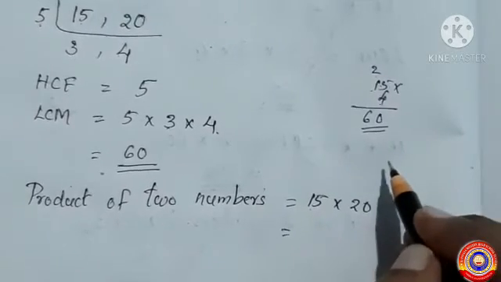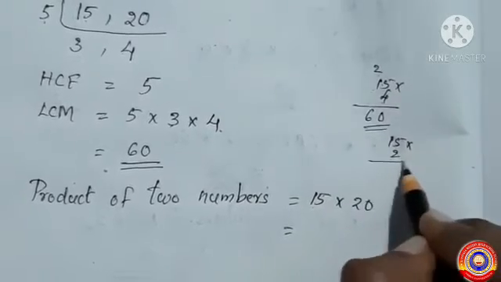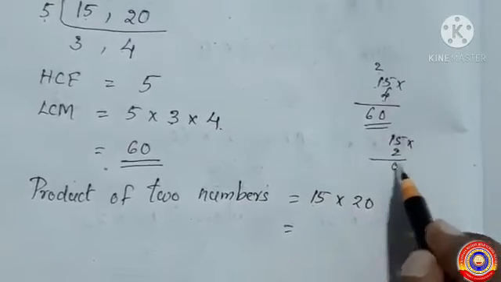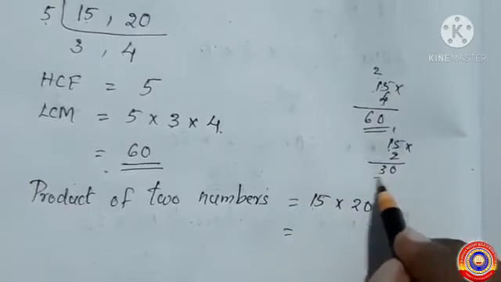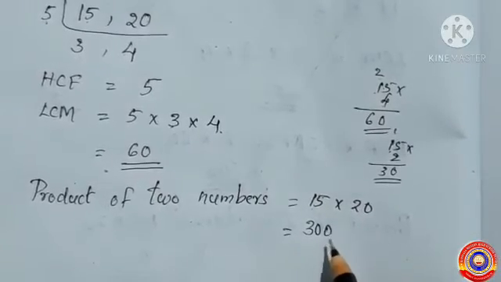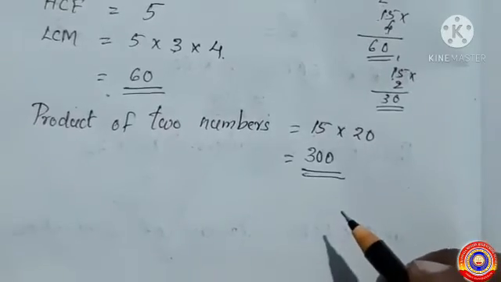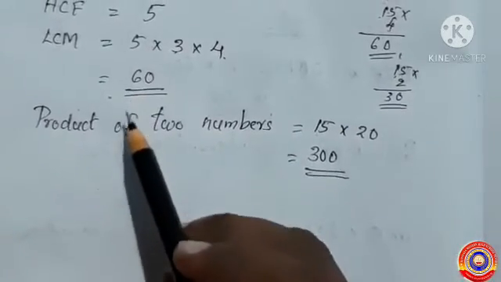We shall multiply and find out. 15 into 2, 5 into 2 equals 10. 0, 1 carry. 2 into 1 equals 2. 2 plus 1, 3. 15 into 2 equals 30. Then write this 0 here. Now we have found out that the product of the two numbers 15 and 20 is equal to 300.